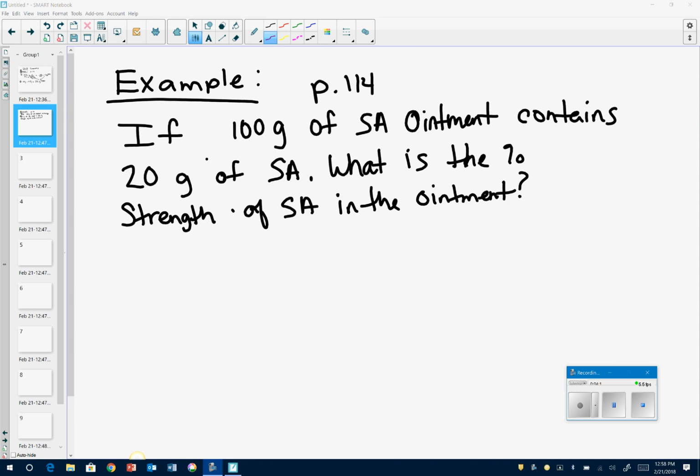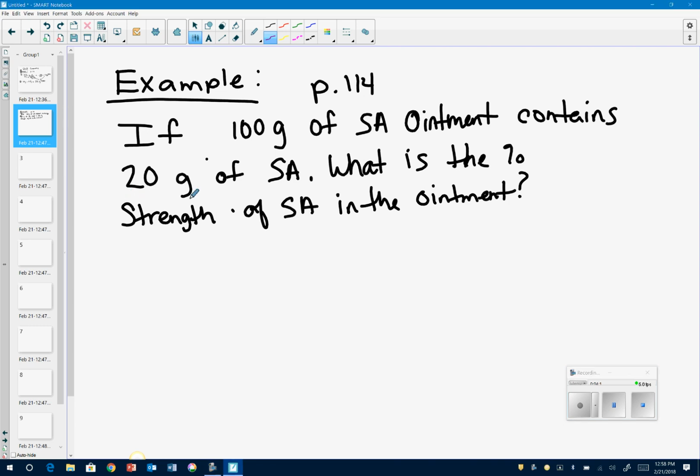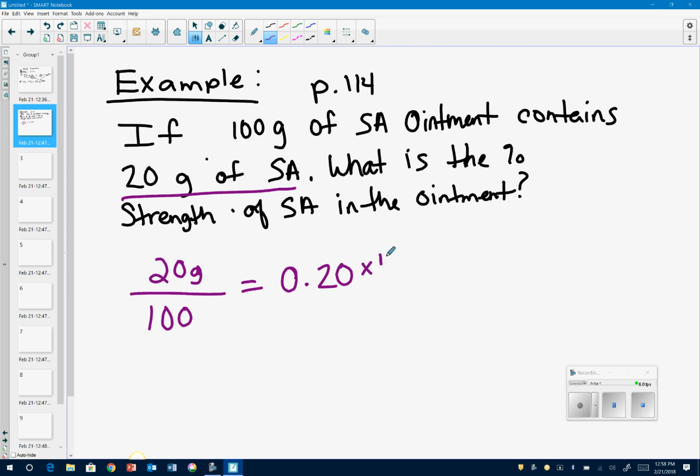All you need to do is take your 20 grams and divide it by your 100 grams, or your total ointment. That's going to equal 0.20, and then you just multiply that by 100 because you want a percentage. Then you should get 20%.